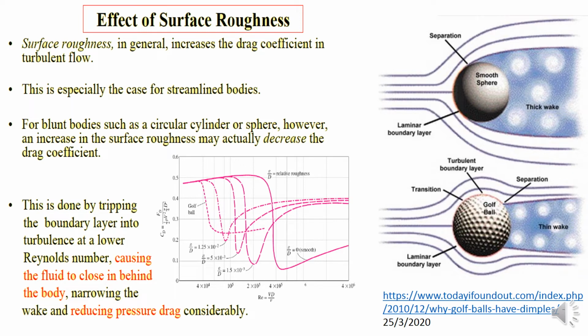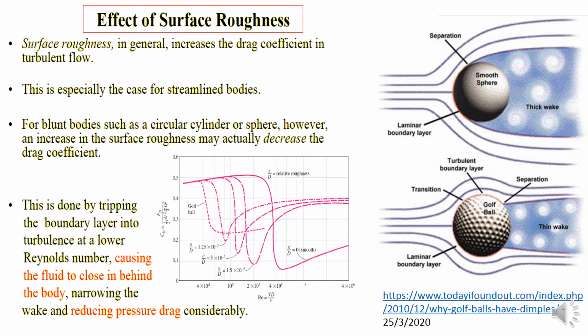Effect of surface roughness. Okay. In general, it increases the drag coefficient in turbulent flow, but this is special to the case of a streamlined body such as a flat plate. For a blunt body, which is a circular cylinder or sphere, the phenomenon is different, where surface roughness may actually decrease the drag coefficient.